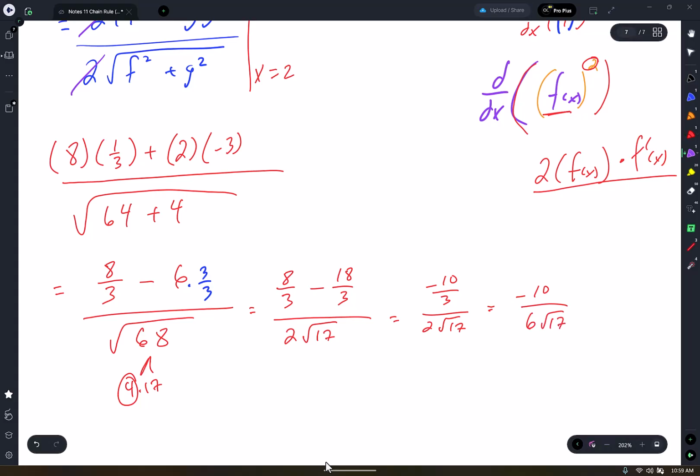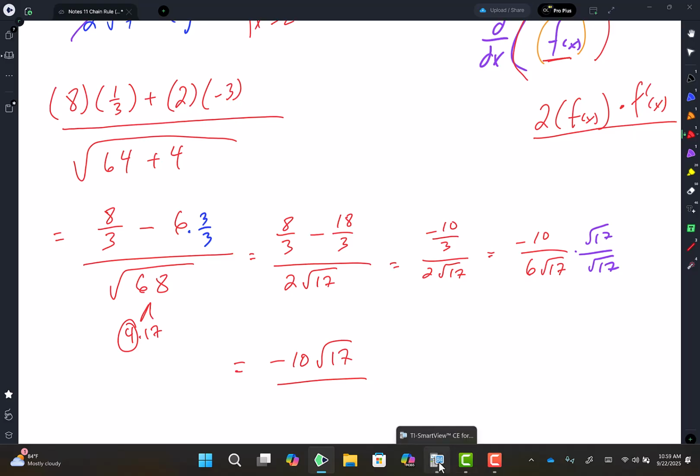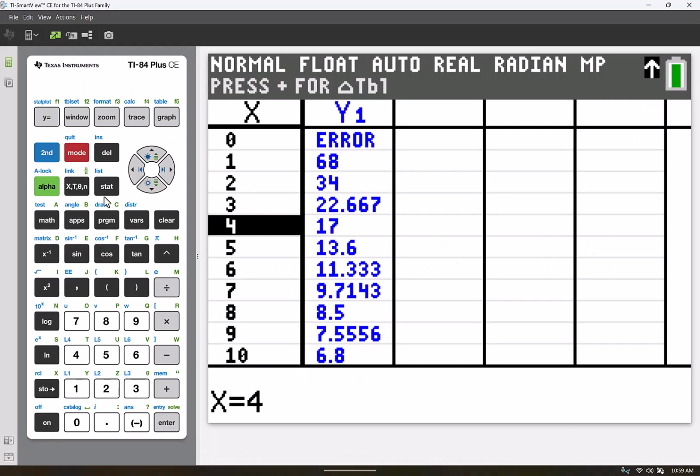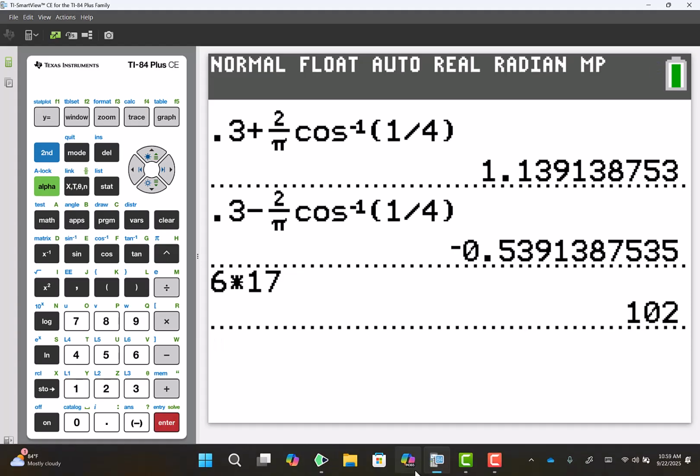Does everyone know how I got here? Yeah. Times square root of 17 over square root of 17. So let's see, my final answer. Negative 10 square root of 17 over, I guess I should have reduced that, but no big deal. 6 times 17, we'll reduce it right now. Wait, I know. 42, something.